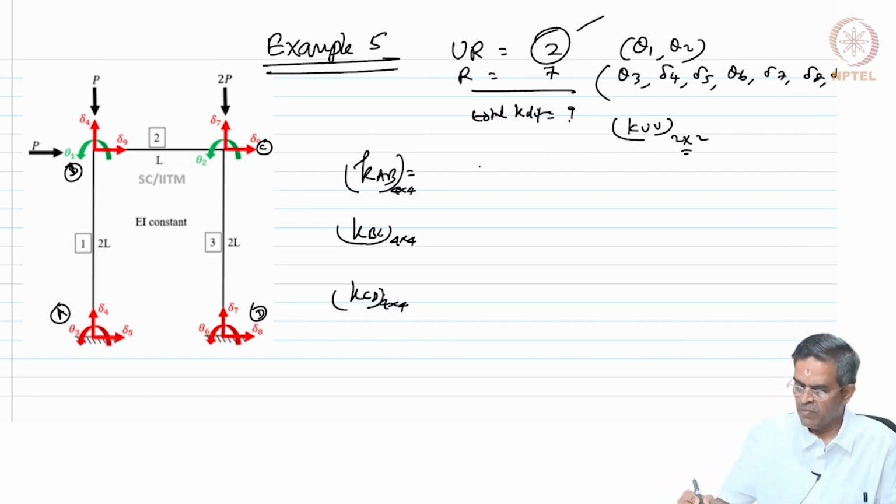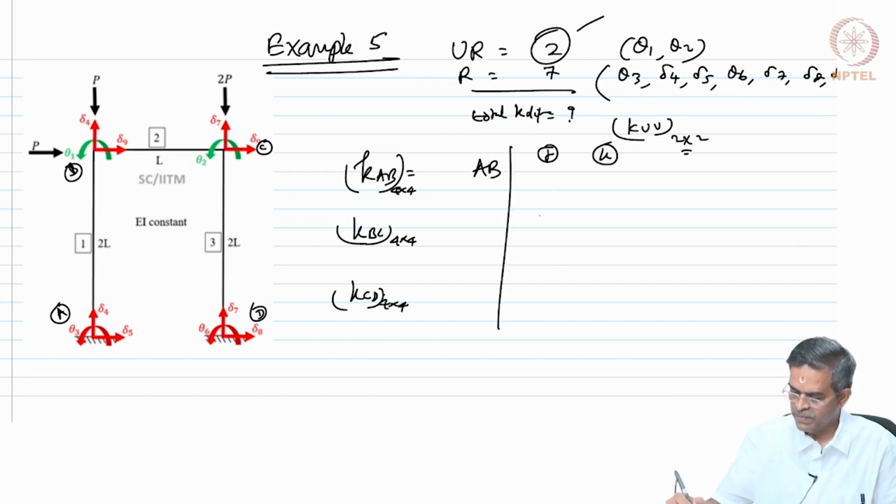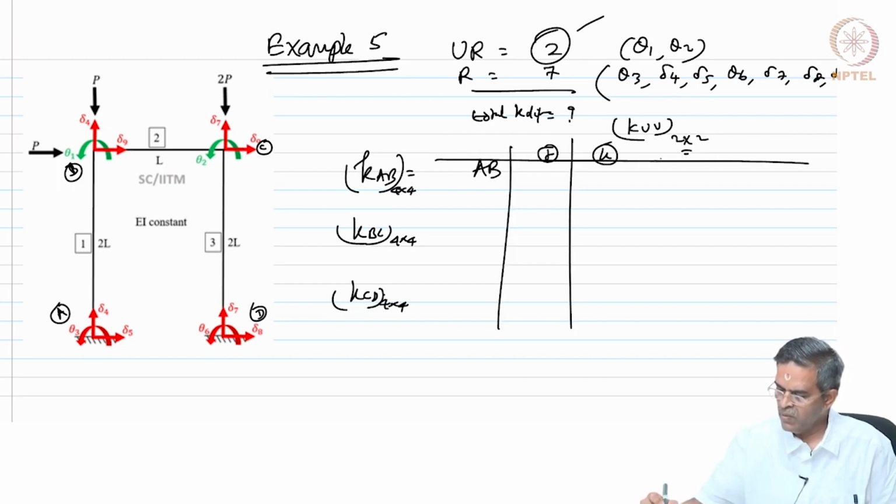So, let us make a table for the member AB. Where is my J at the end? Where is my K at the end? Okay, and what are the labels?